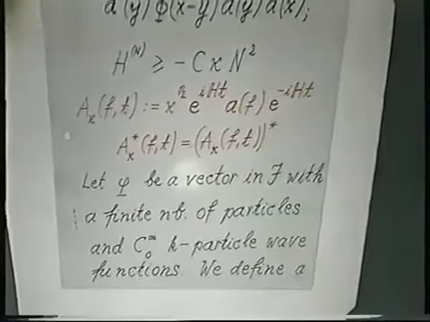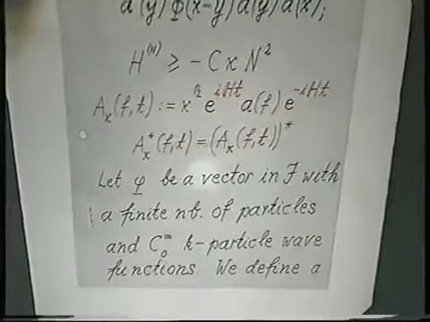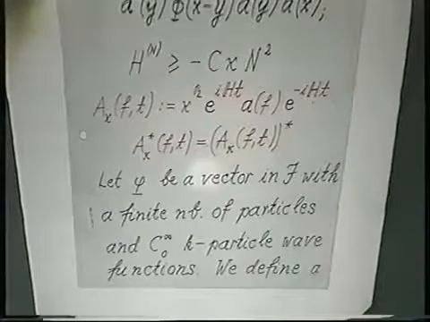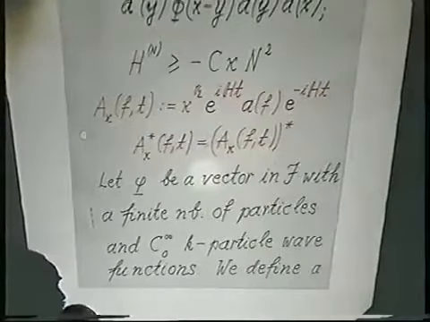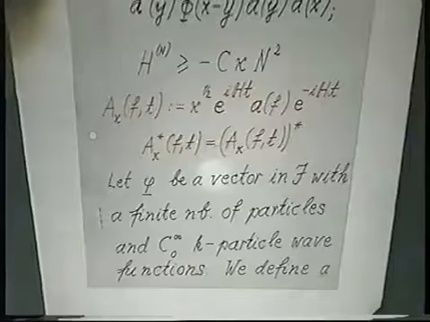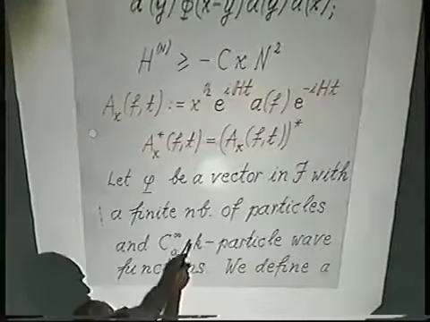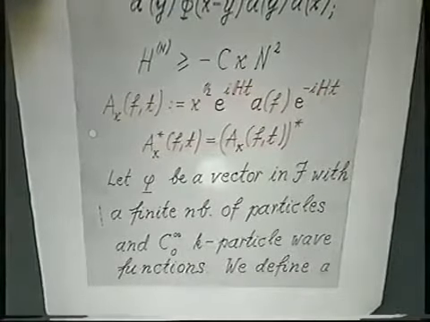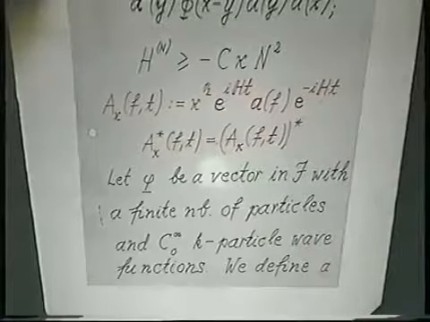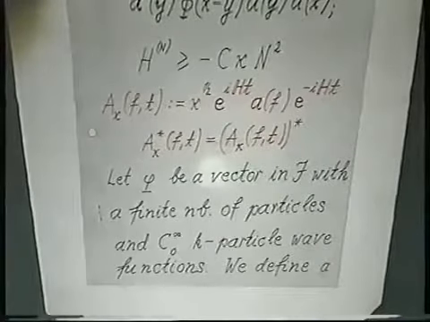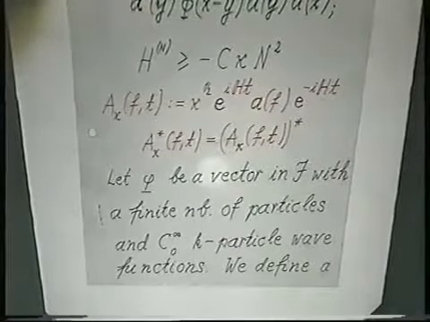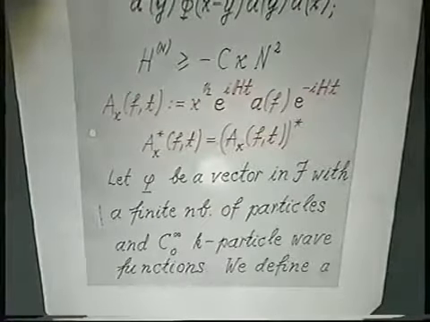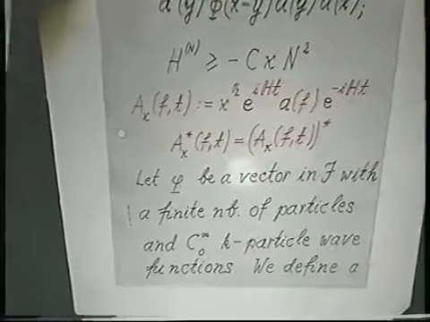So let phi be a vector in Fock space that describes a system with a finite number of particles, and the m-particle wave functions should be smooth functions of compact support, let's say. Now I define the following state of a system with many, many particles.